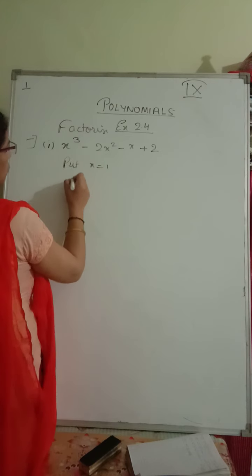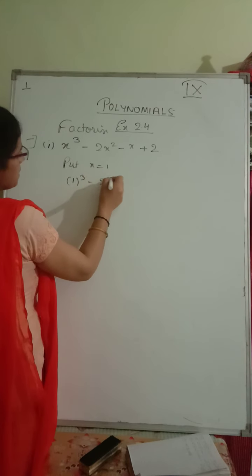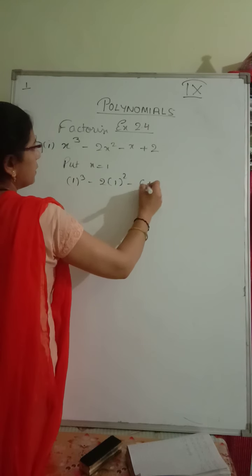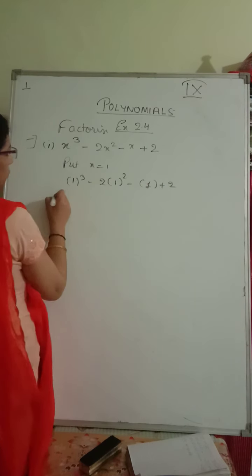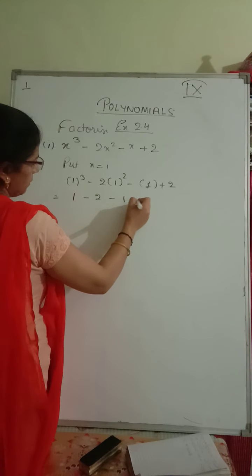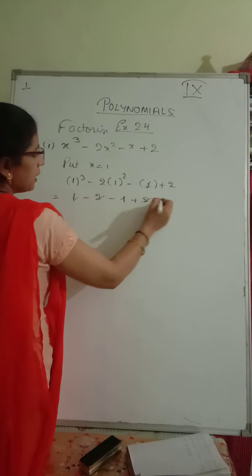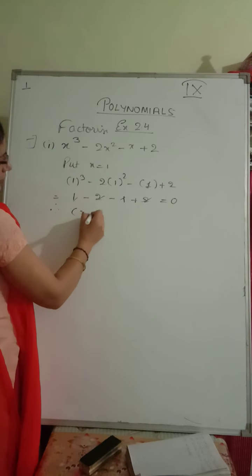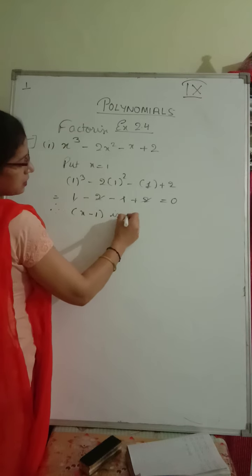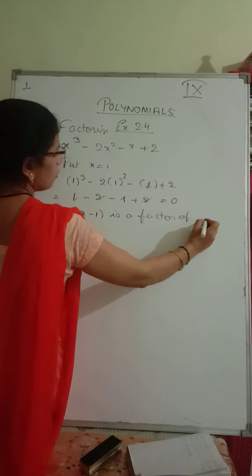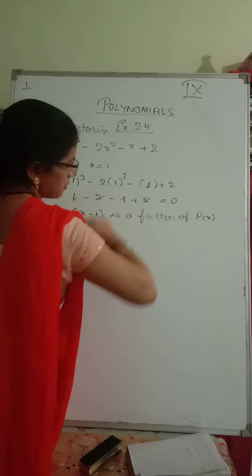So 1 cube minus 2 into 1 square minus 1 plus 2, that is 1 minus 2 minus 1 plus 2, which cancels out and becomes 0. Therefore, x minus 1 is a factor of this polynomial p(x).